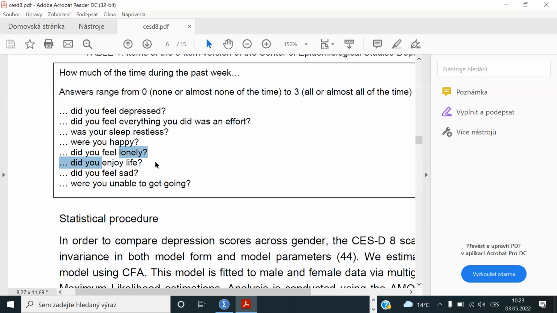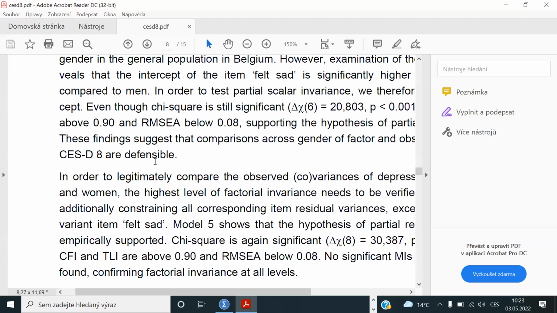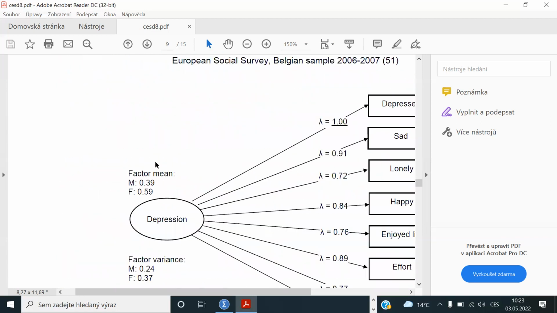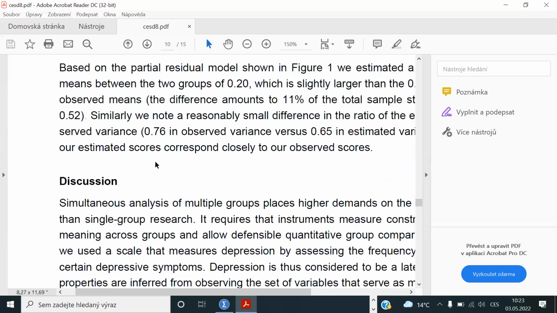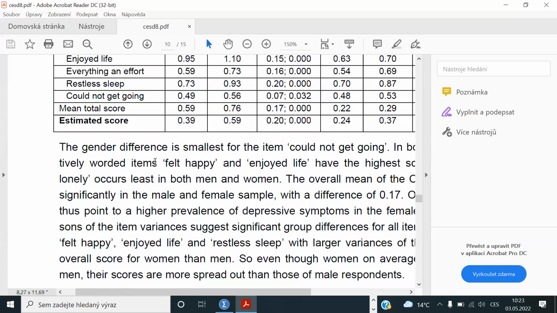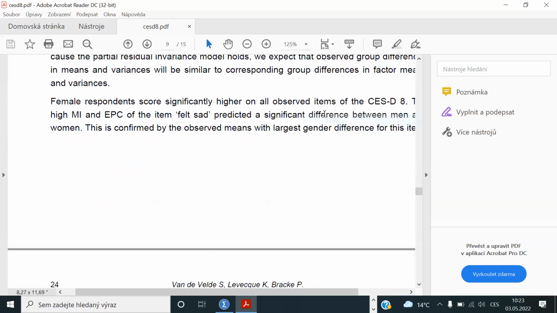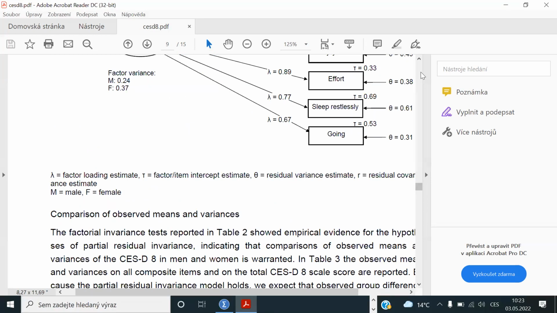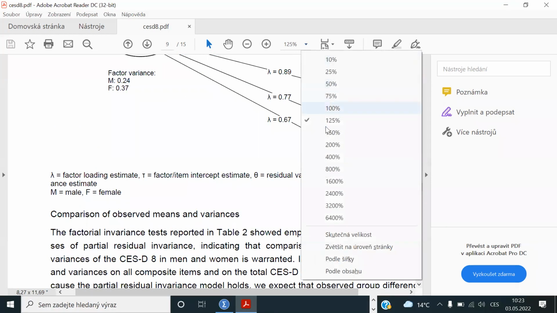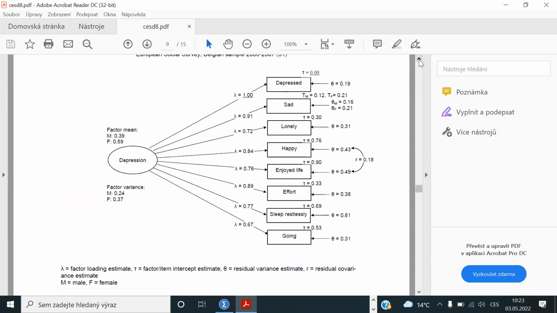So I would expect here, and you can go down through this article, and I guess there will be maybe some picture, maybe not. Here it is, the simplest picture. Maybe it's not present here, sorry for that. Maybe yes, I will only make it small to see the whole picture. Yeah, here it is. And I guess that this is the classical one-factor model for CESD8.